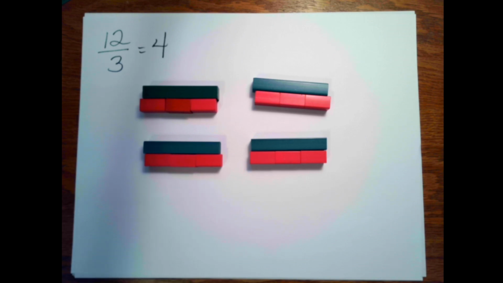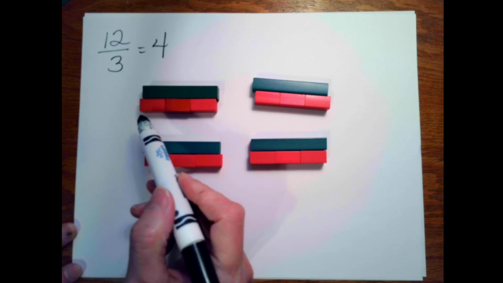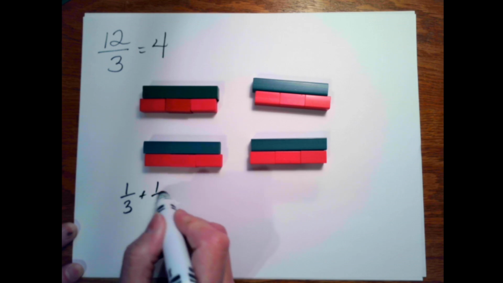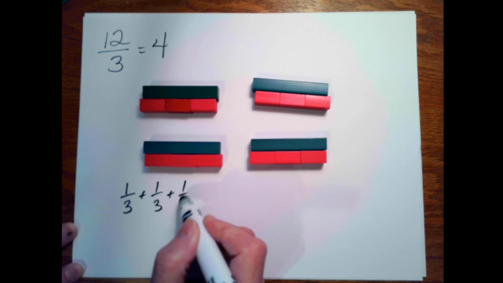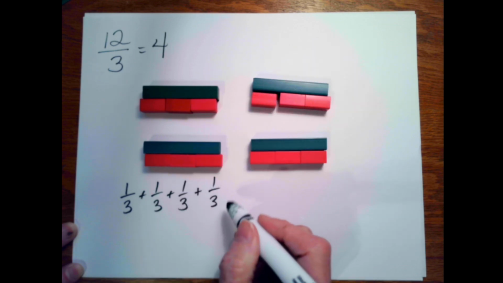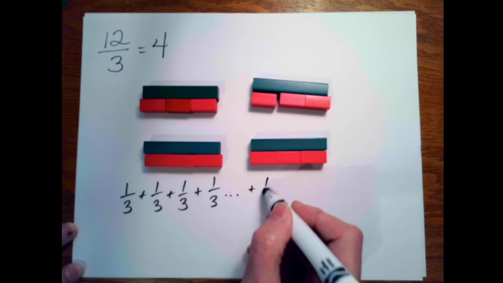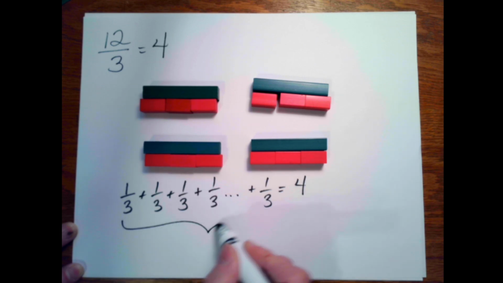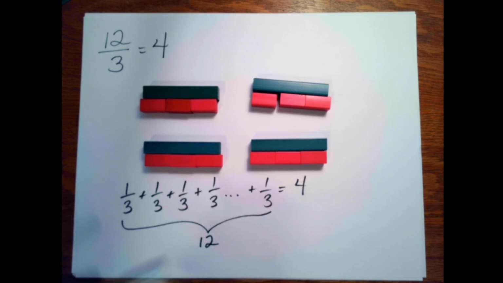When students are determining the value of this and explaining this value, they might say something like 1/3 plus 1/3 plus 1/3 plus another third, and continue this until they reach 4, and they have 12 1/3s. So some students will think of it that way.